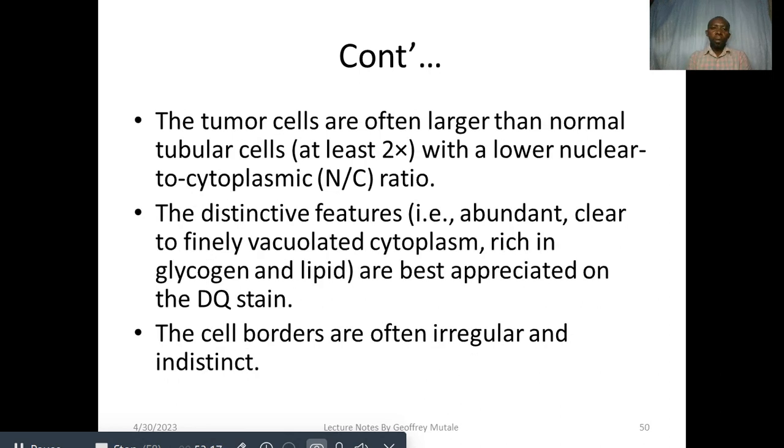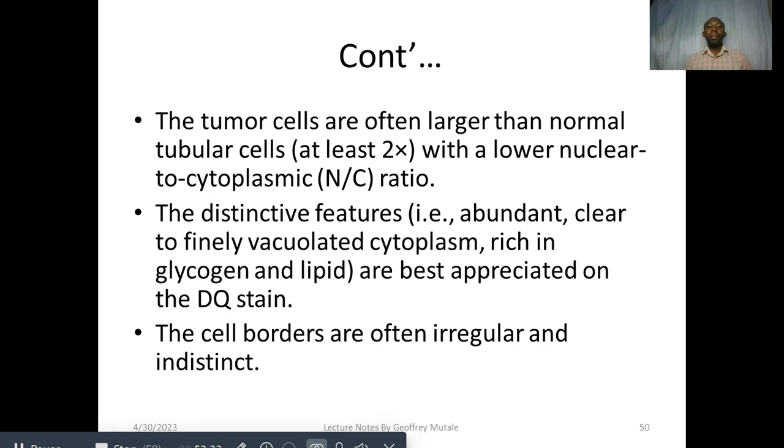The tumor cells are often larger than normal tubular cells, at least 2 times the size of a normal cell, with a lower nuclear to cytoplasmic ratio.